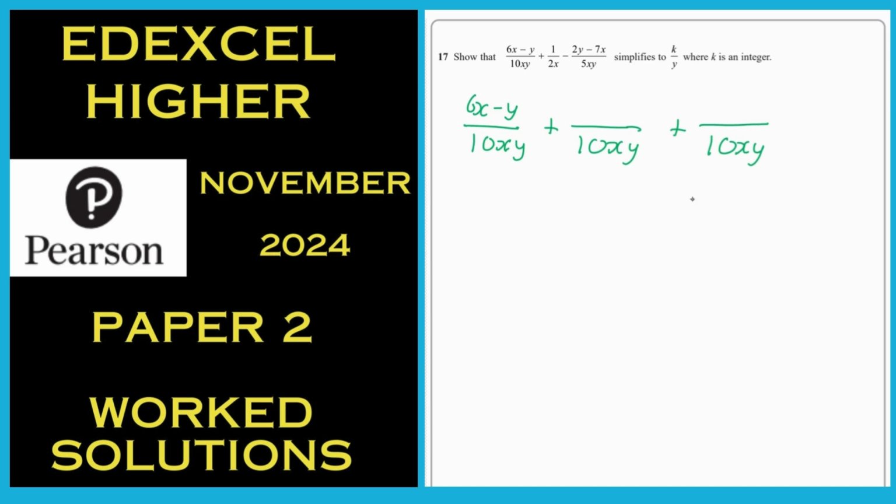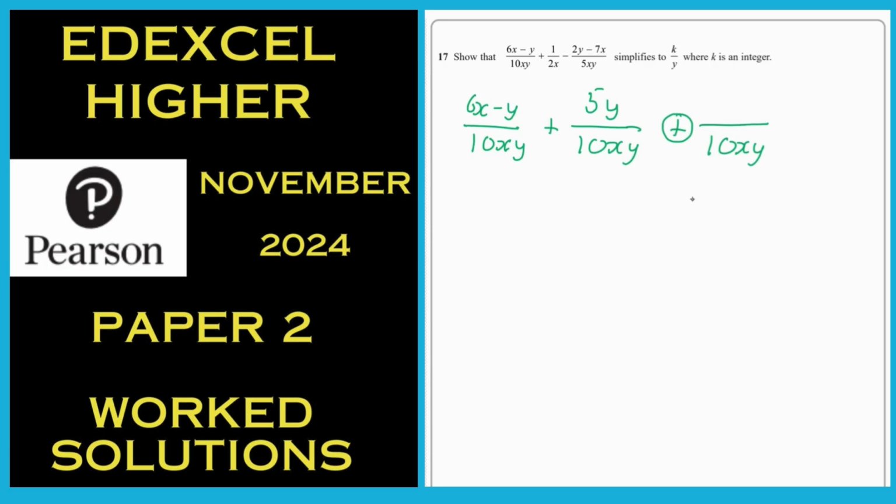We've times the bottom by 5y, we times the top by 5y, and on the third fraction, the bottom has doubled. We need to double the top. Now notice that, because I'm just going to be careful, that negative is in front of the whole fraction.